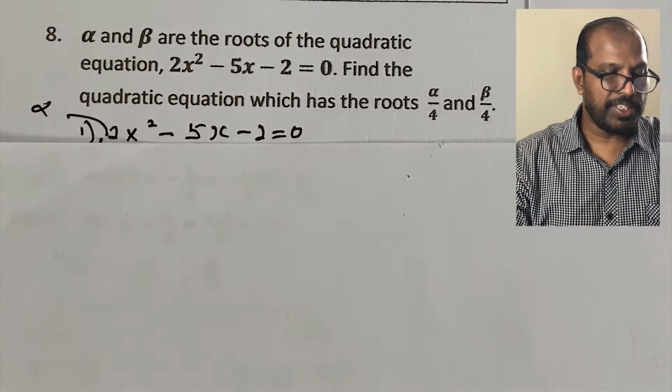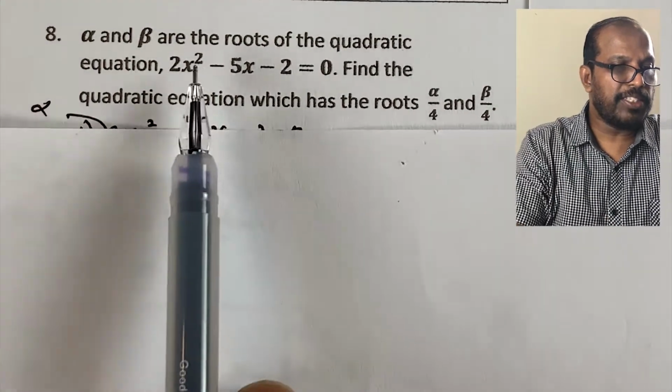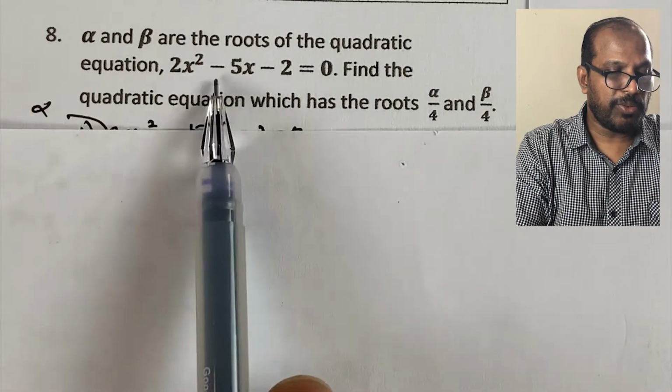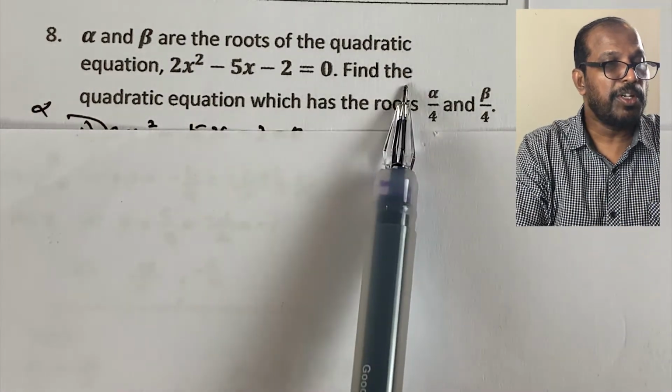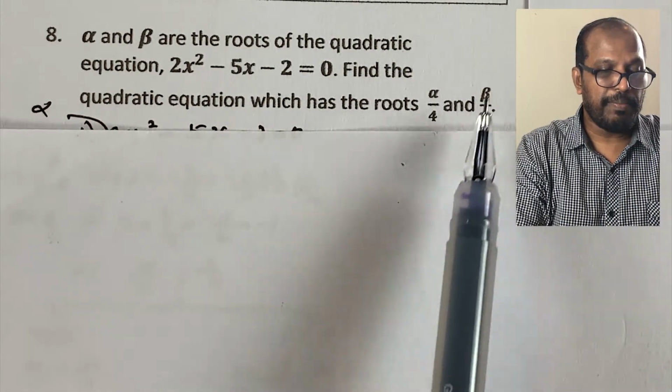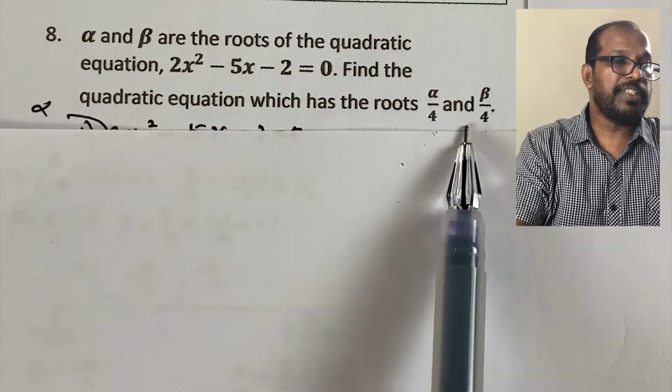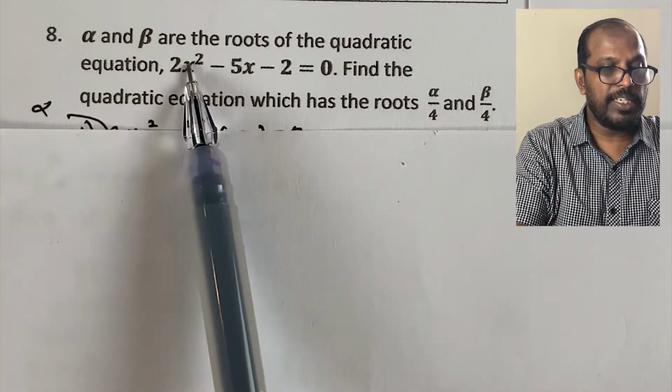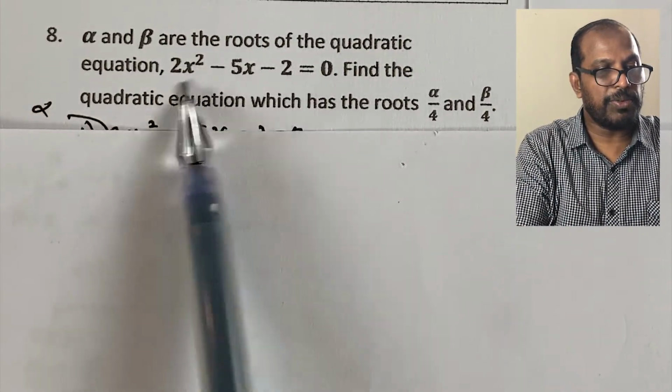When you look at this equation, you are given that alpha and beta are roots of the equation 2x squared minus 5x minus 2 equals 0. Find the quadratic equation which has roots alpha over 4 and beta over 4. First, I need to find the sum of the roots and product of the roots of this equation.